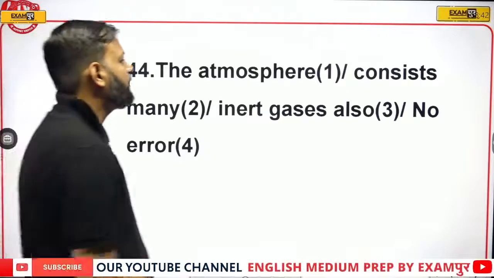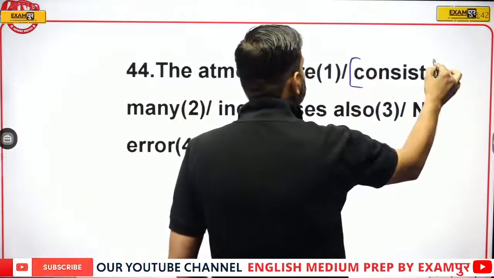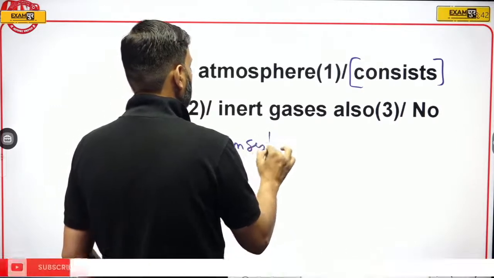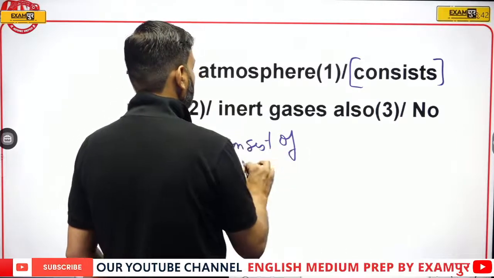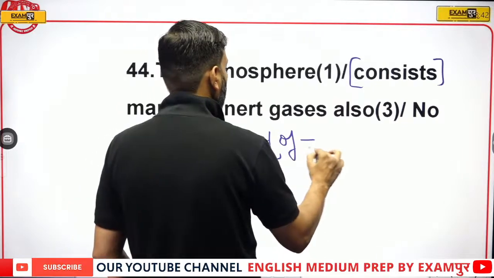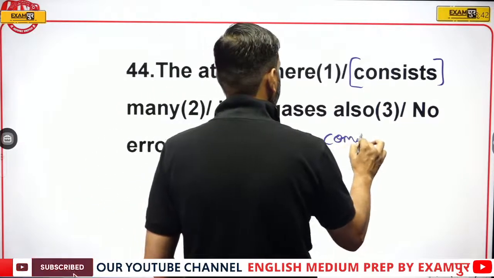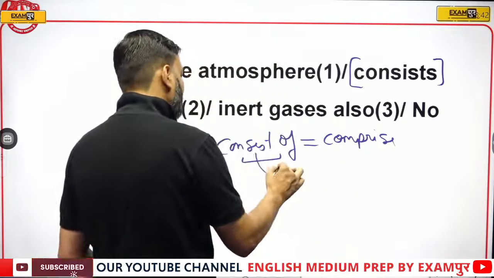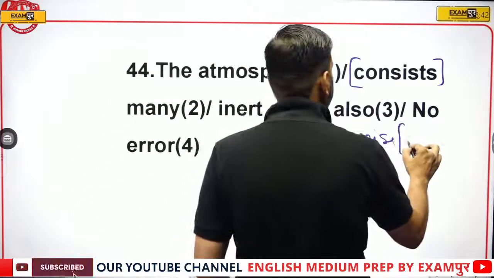Okay, so here we have the word consist, and consist is always followed by of. Consist of is equal to comprise. So consist is followed by of, but comprise is never followed by of.